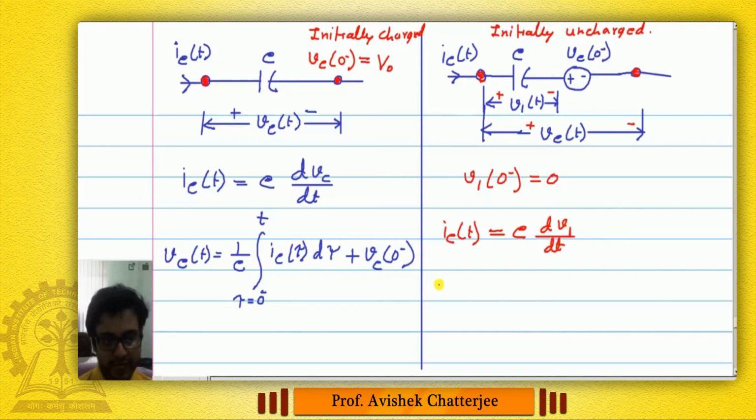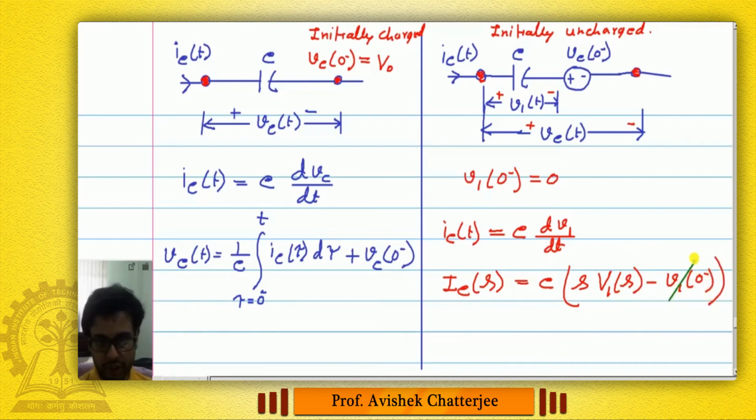Now taking unilateral Laplace transform, we can write Ic(s) equal to C constant multiplied with s V1(s) minus V1(0-). However, this is equal to 0, so we have Ic(s) equal to C s V1(s).